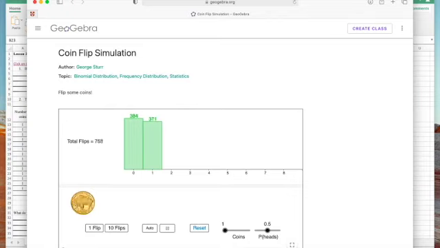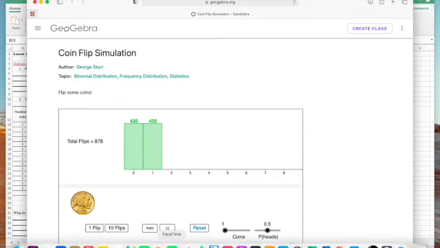So I want to stop at this point. For instance, we have exactly 439 heads and 439 tails, just because I stopped here out of 878.